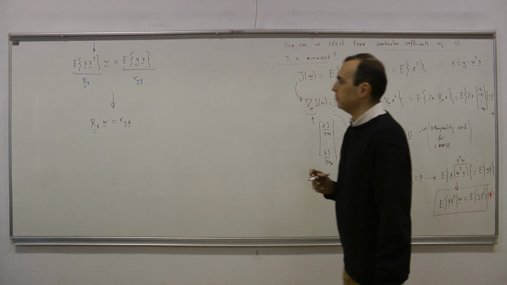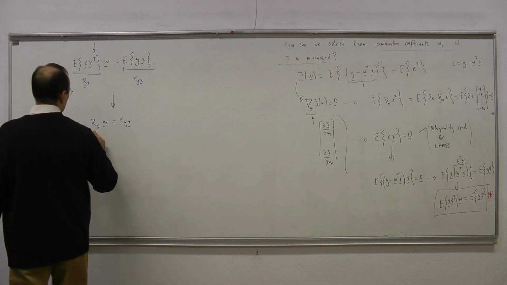So what's the meaning of this Rx? This is the autocorrelation matrix of the observation vector entries.